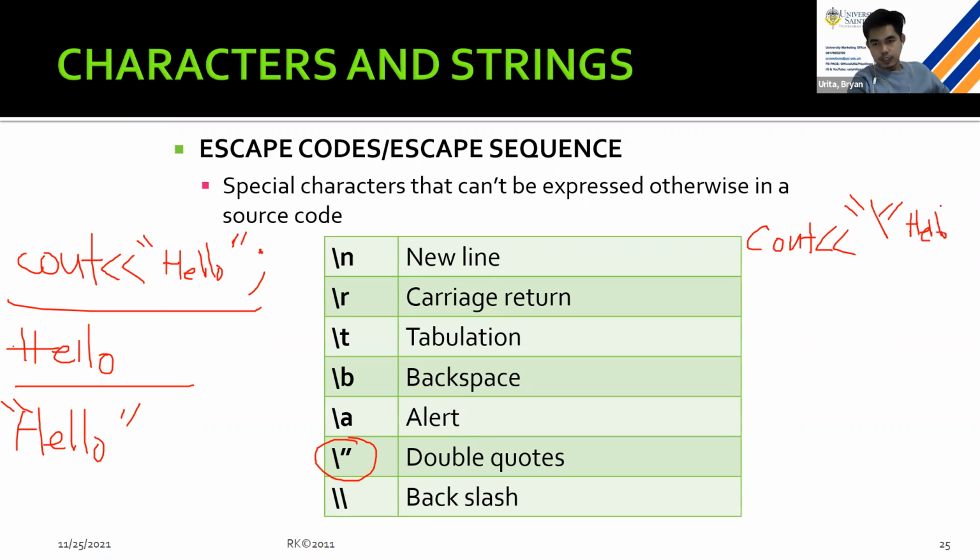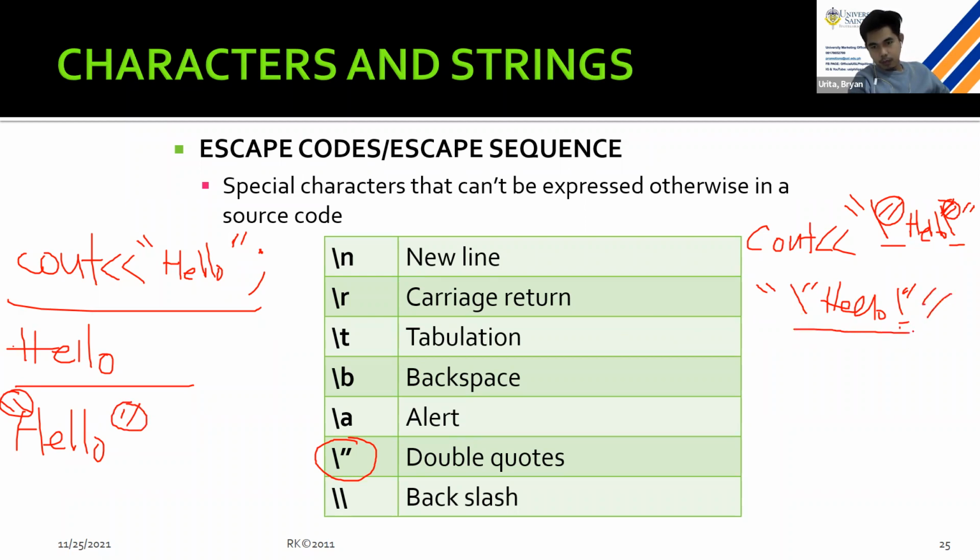Hello. And then, isa pang, ito na, backslash, then yung quote, and then, isa pang quote. Okay? Ulitin ko, yan, quote, isang backslash quote para sa unang quote, then hello, then isa pang backslash, and then quote, para dito, and then isa pang quote.